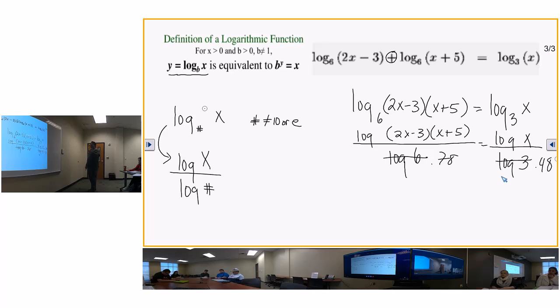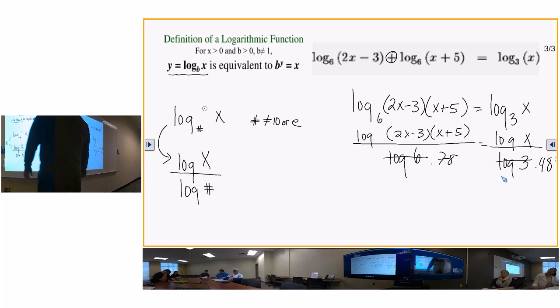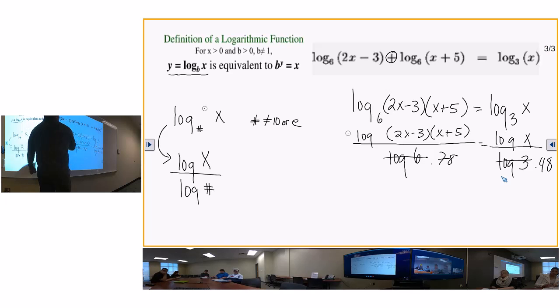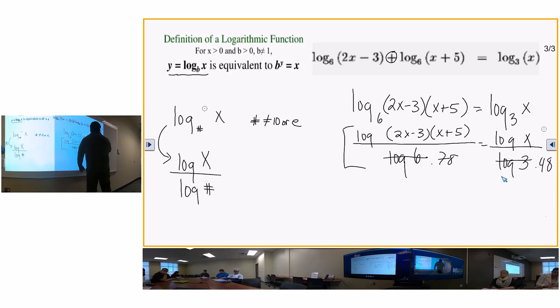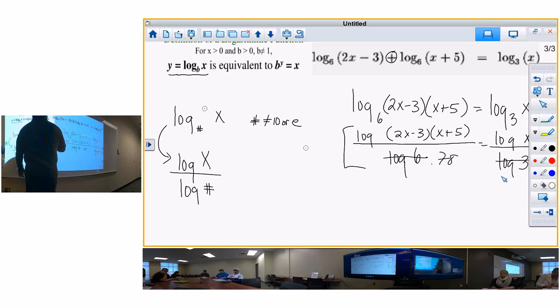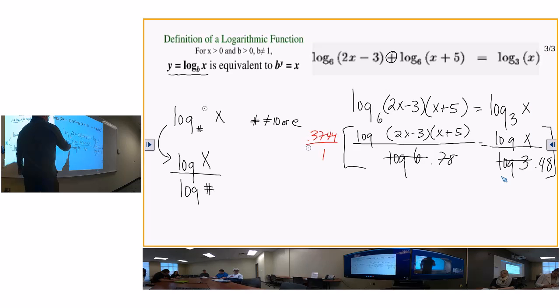You can clear the fraction by multiplying through by the common what? Denominator, Hubert. Okay, so somebody multiply 0.78 times 0.48, and what do you get? 0.3744. So I'm going to multiply both sides by 0.3744 over 1.